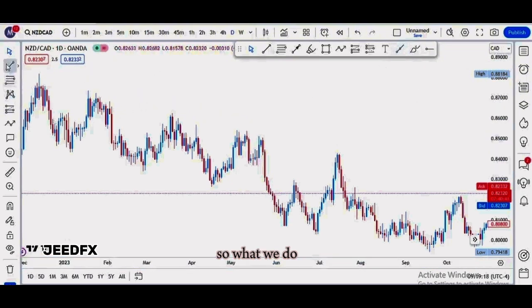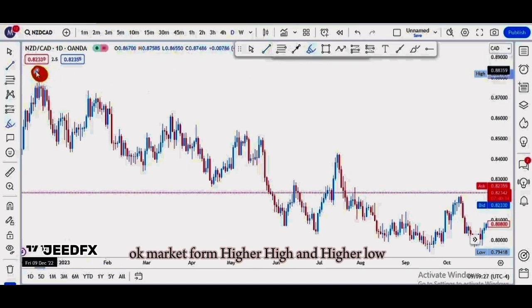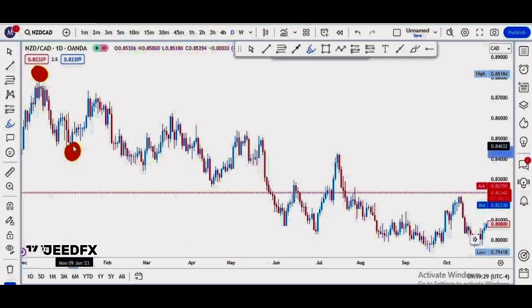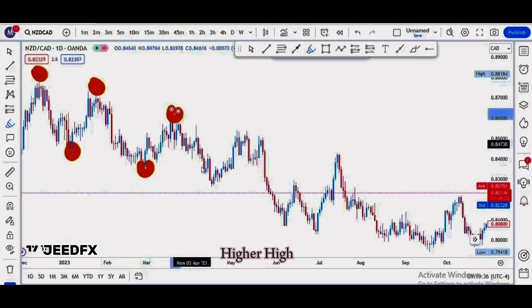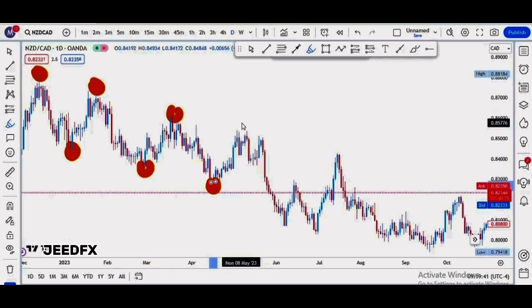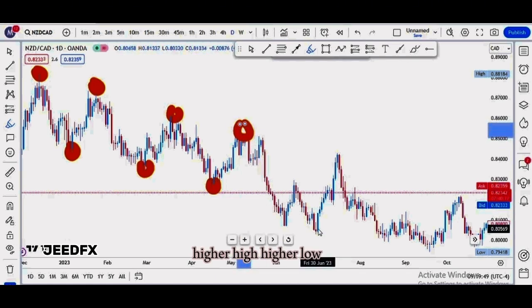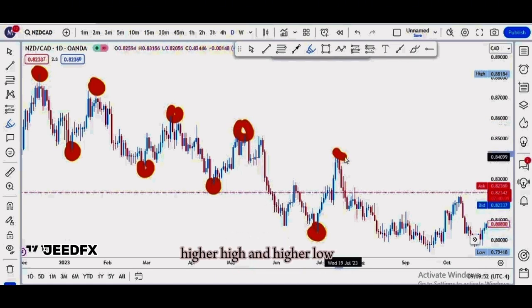So the market forms a higher high, higher low, higher high, higher low, and so on.